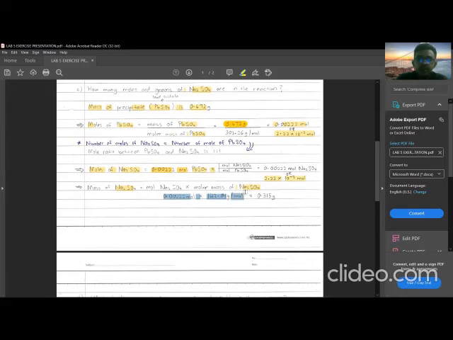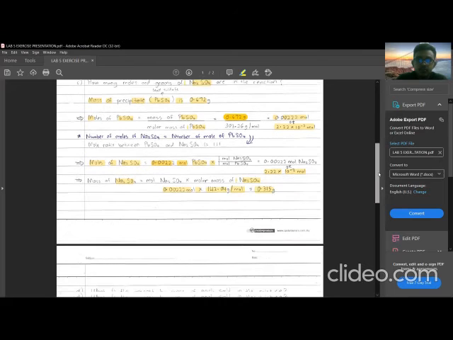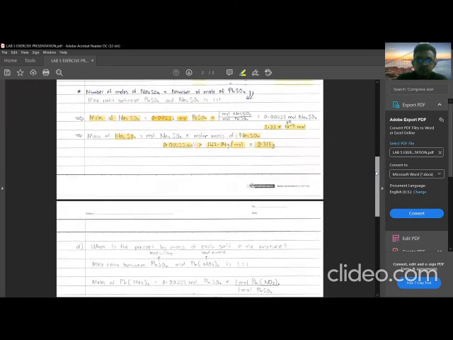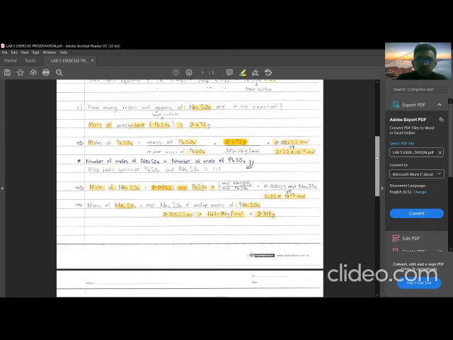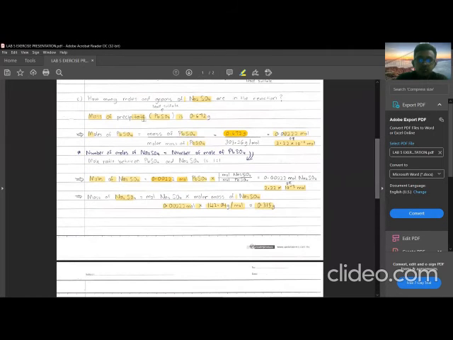So when we multiply, we will get 0.315 gram. This question asks how many moles and grams. So the number of moles of Na2SO4 is 2.22 times 10 to the power negative 3, and the mass of Na2SO4 is 0.315 gram.